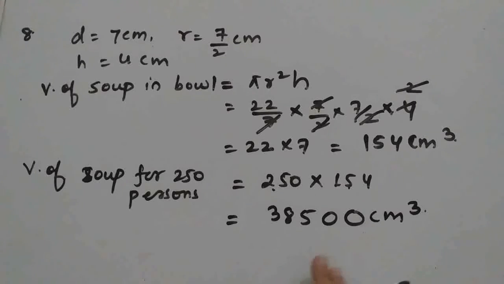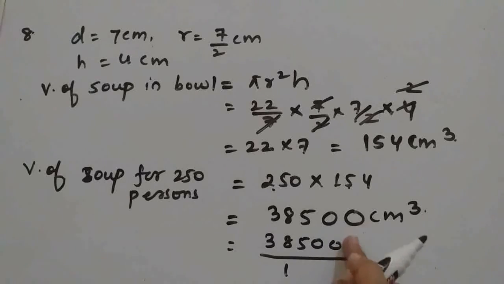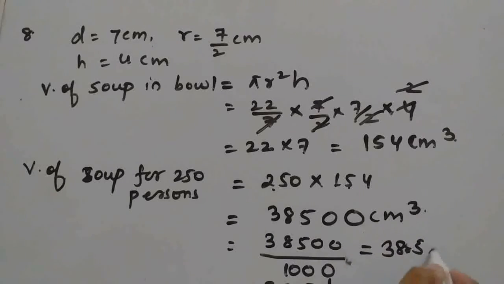Or if you want to convert it into liters, because the question asks how much soup, there is no need to convert, but if we want, we can divide by 1000, so the answer will be 38.5 liters. We can write 38.5 liters.